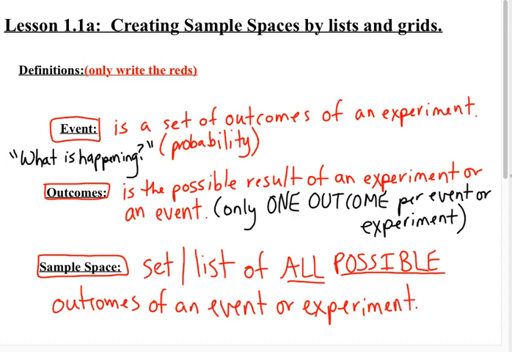So, another example: we had just talked with outcomes about what you can get when you flip a single coin. An outcome would be a heads or you could get a tails. The sample space is both of those. Sample space would include two items: a heads as a result or a tails as a result.